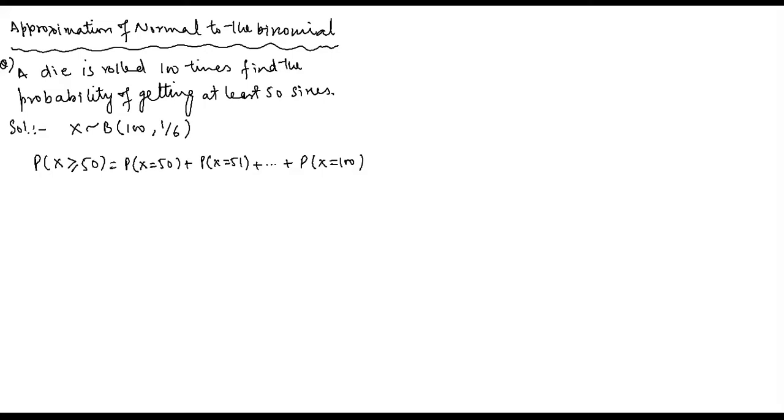The part number 1 is, X is a binomial distribution with n comma p. X is a binomial distribution with 12 comma 0.5. The probability of head is 0.5. The total number of experiments are 12.